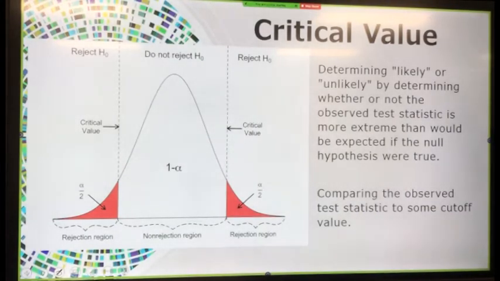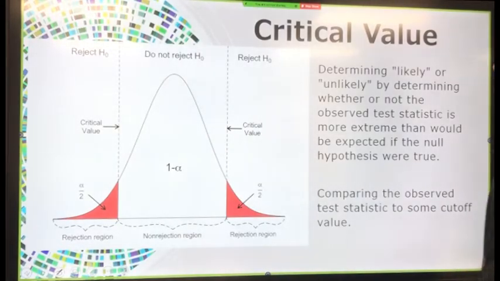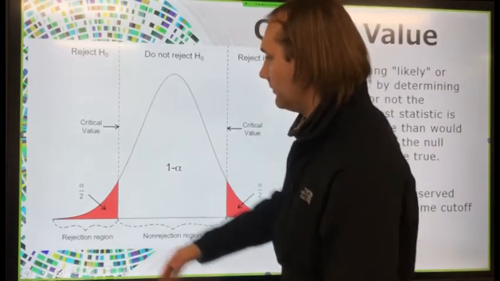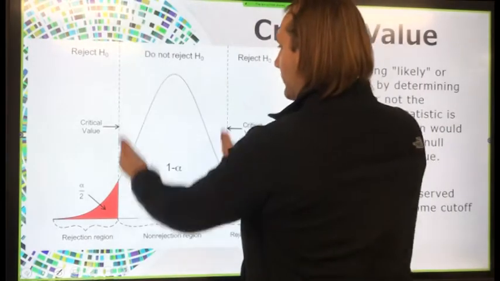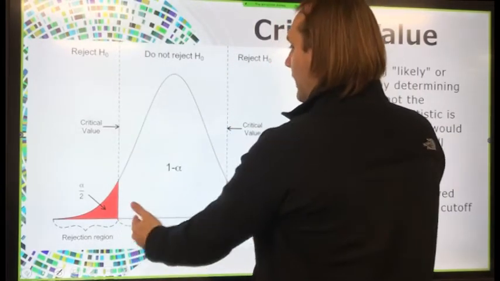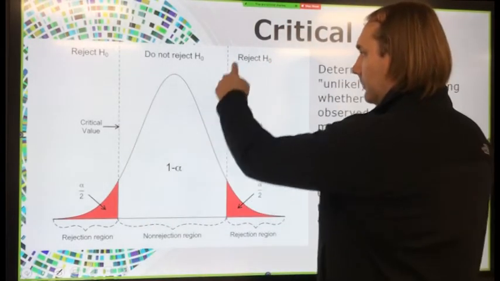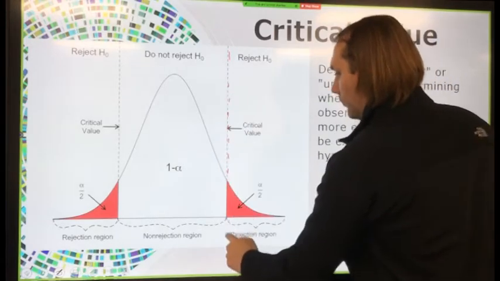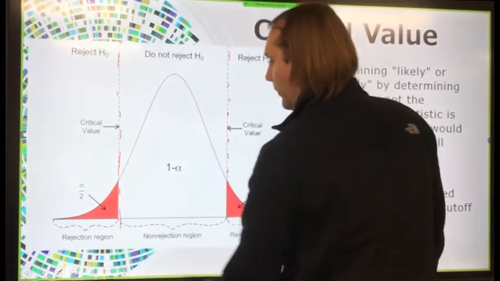And critical value: determining likely or unlikely by determining whether or not the observed test statistic is more extreme than would be expected if the null hypothesis were true. So it's comparing the observed test statistic to some cutoff value. Again, I have my distribution. Here's my cutoff value, and my critical values are these points right here.